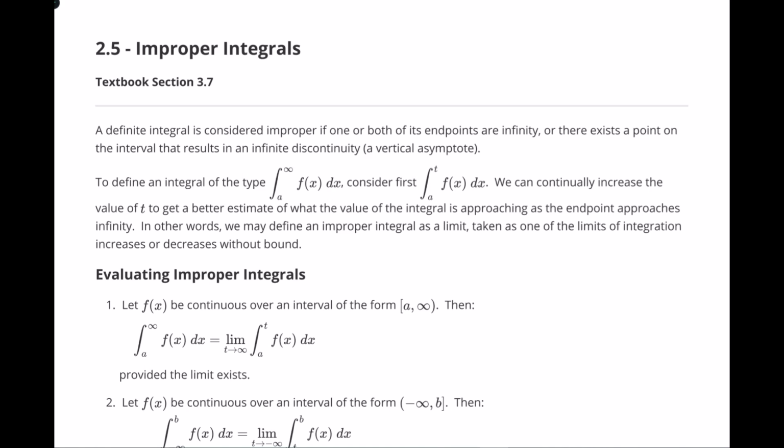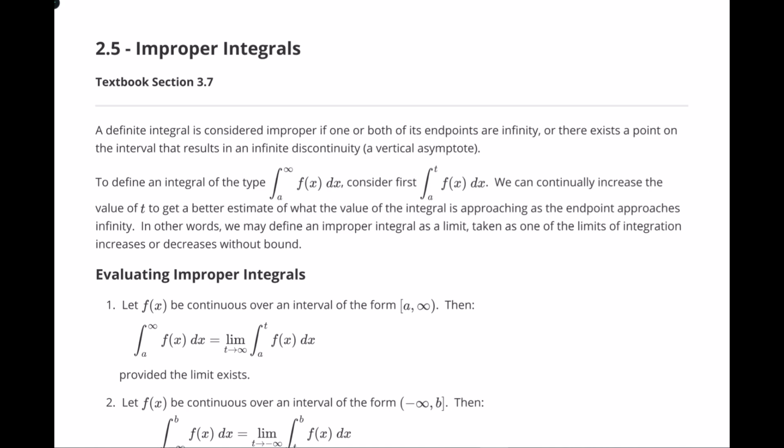There's another case, however, that's not quite as visible, but certainly under the same circumstances, really. If you have a point on an interval that results in an infinite discontinuity, so if you have a vertical asymptote, which means that the function is running off to positive or negative infinity on the y-axis, then you also have an improper integral.